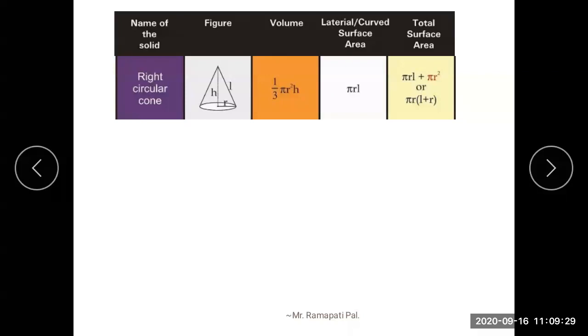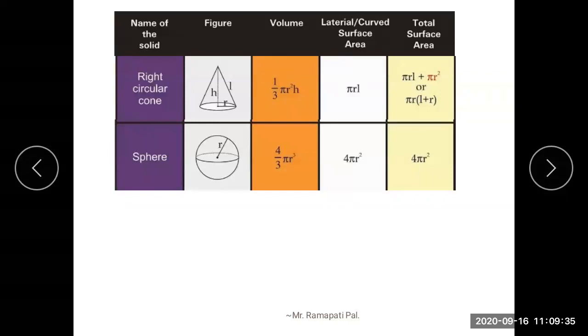Okay, now sphere. In the figure you can see the sphere. One more thing, in the cone, slant height. How are we going to find the slant height? We are going to use the Pythagoras theorem, that is L square is equal to h square plus r square.